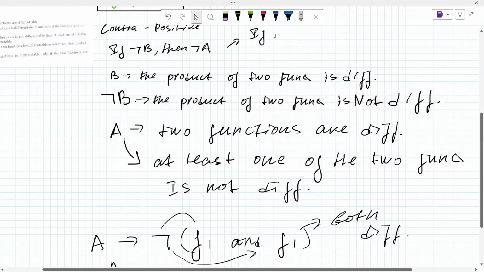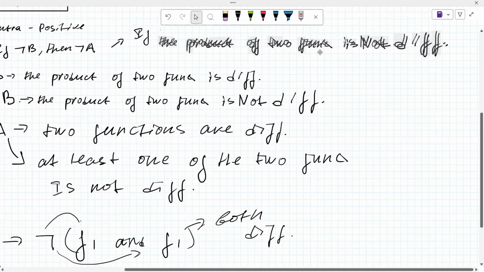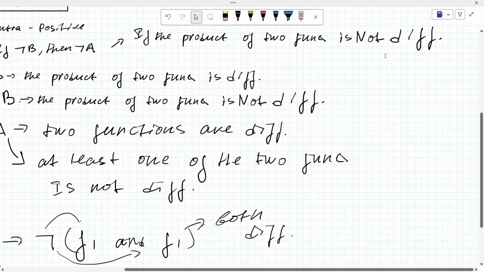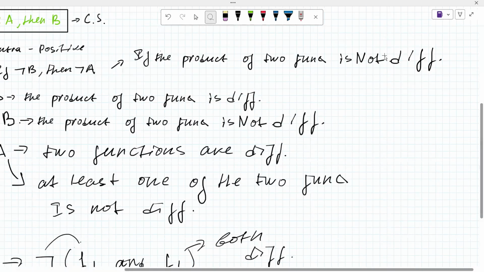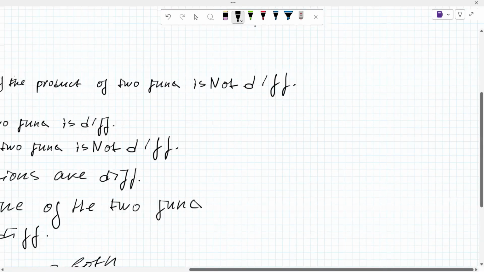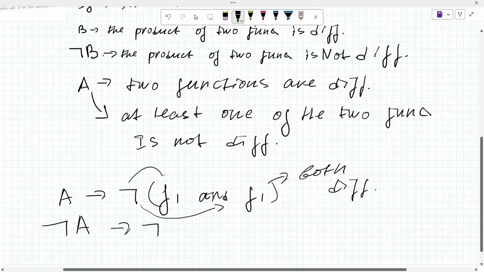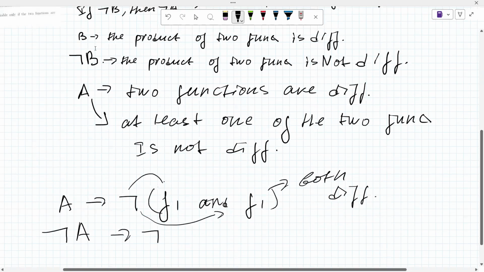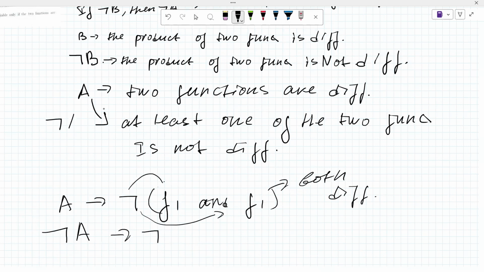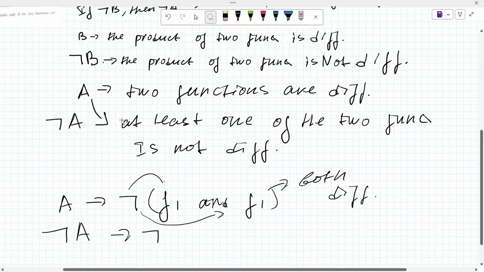I'll just put it here. We just add then, and I'll copy not A as well. If A was two functions are differentiable, not A is at least one of the two functions is not differentiable.